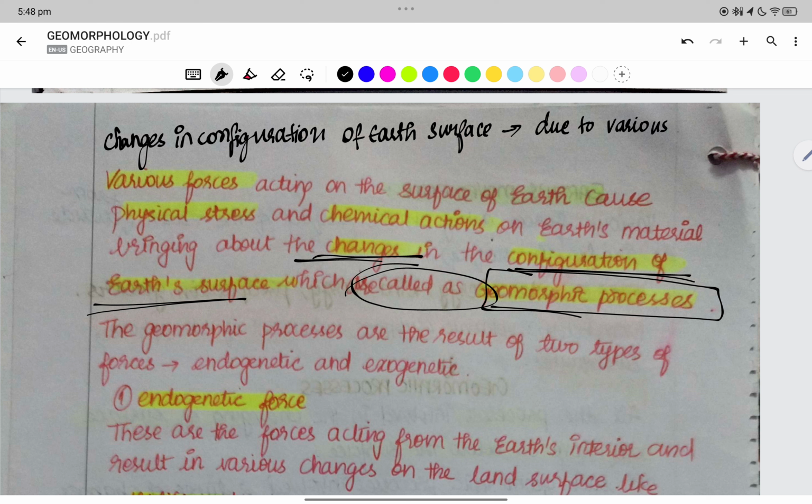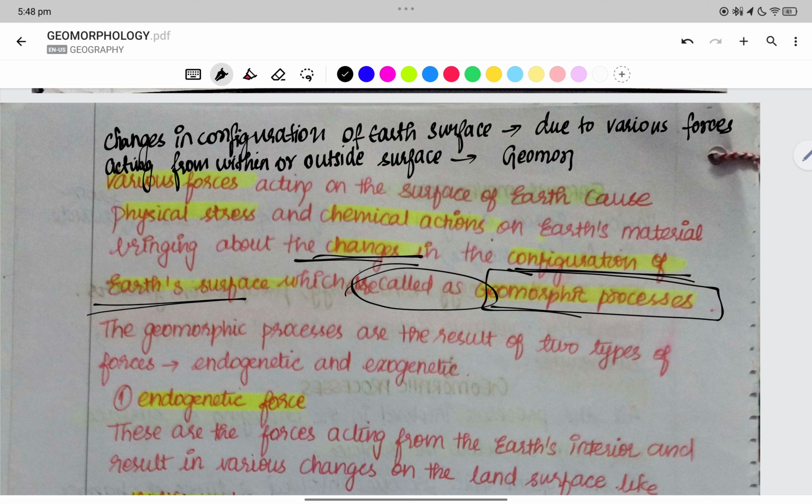So we have various forces, acting from within or outside the surface, and this is what we call the geomorphic processes.